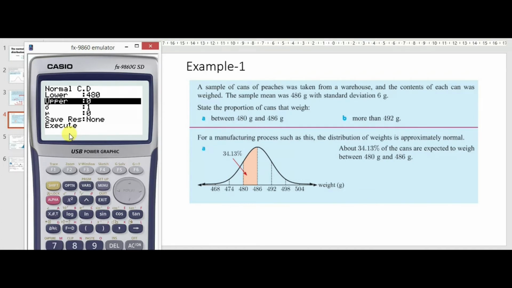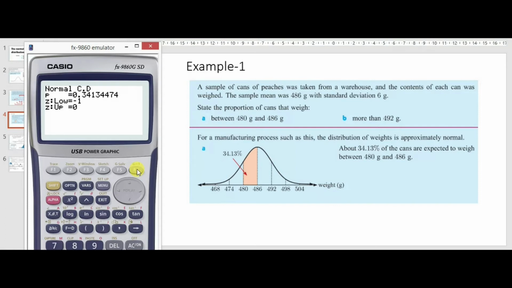The upper limit is 486. The standard deviation is given as 6. And the mean is 486. When I click on execute, this is the value that I get. It is 0.341.